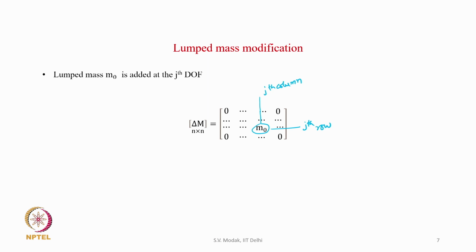Now, that is delta m. Now delta k: practically, the addition of a lump mass will have a negligible effect on the stiffness, and that is why here we can write delta k as a matrix of order n by n, and it is a matrix of all zeros. This is how the lump mass modification can be described using these special matrices.